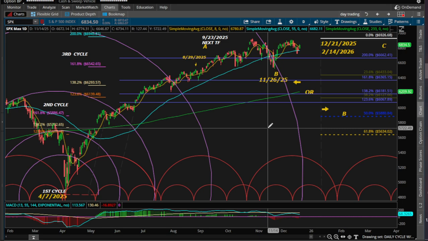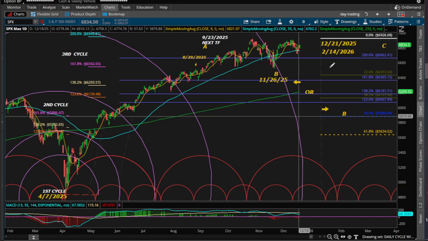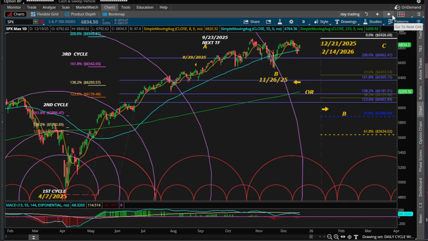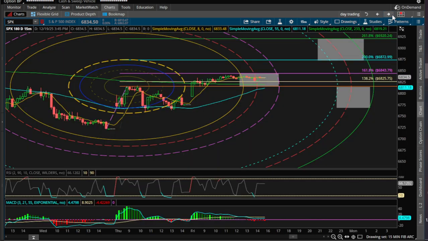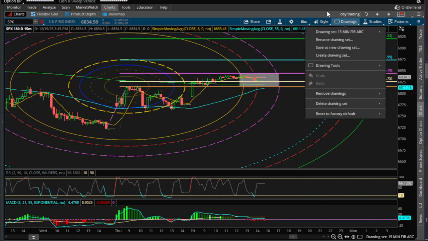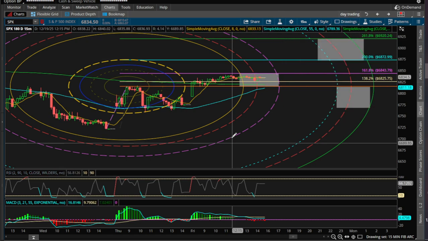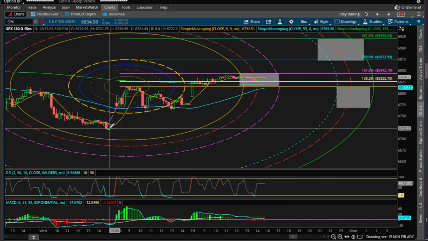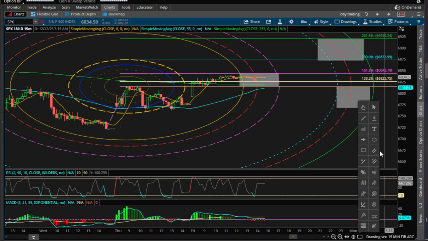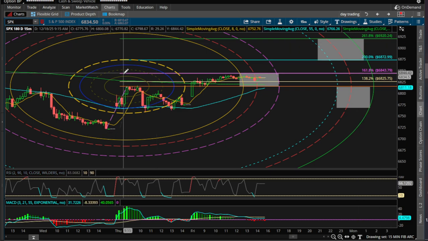Let's go to the 30-minute time frame real quick. And here I have my fib arcs up. Looking at 3 moves here in particular.